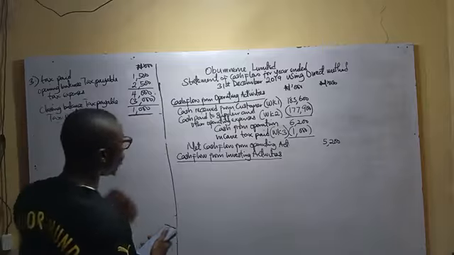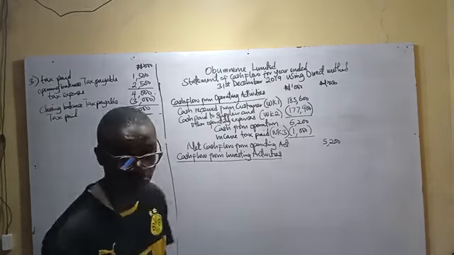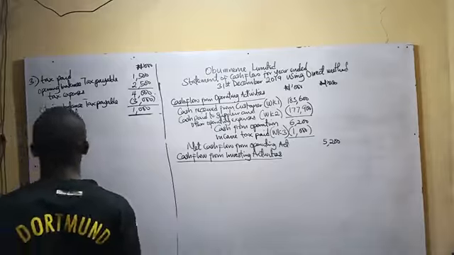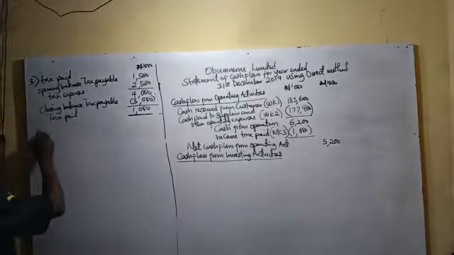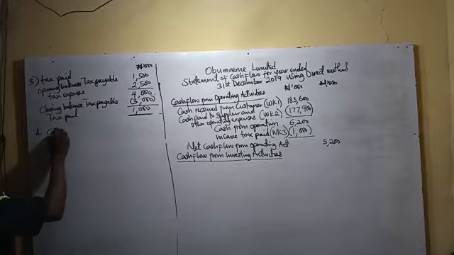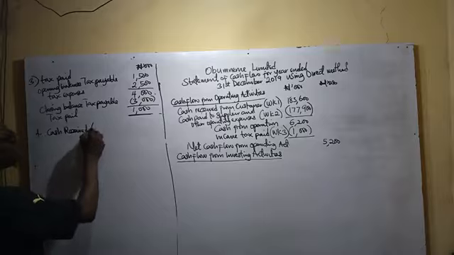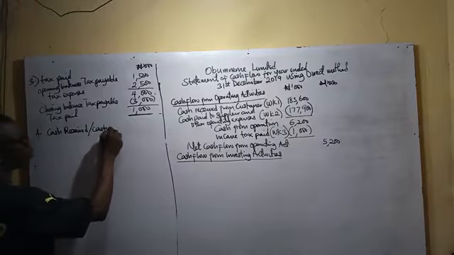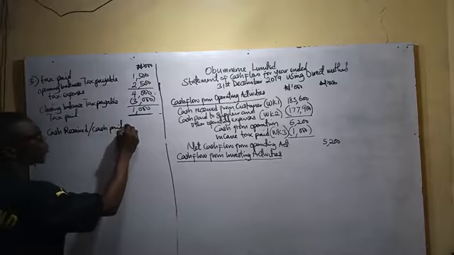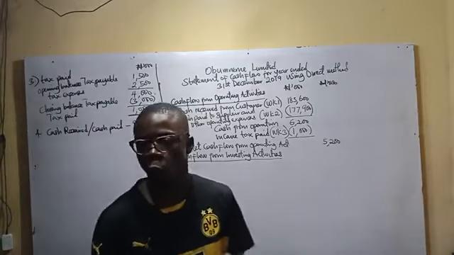When you are calculating under investing activities, the place you are supposed to target mostly is your non-current assets. So what are the items under your non-current assets? We have PPE and intangible assets. So let's know whether there is cash received or cash paid for PPE, whether we acquire PPE or we dispose PPE.